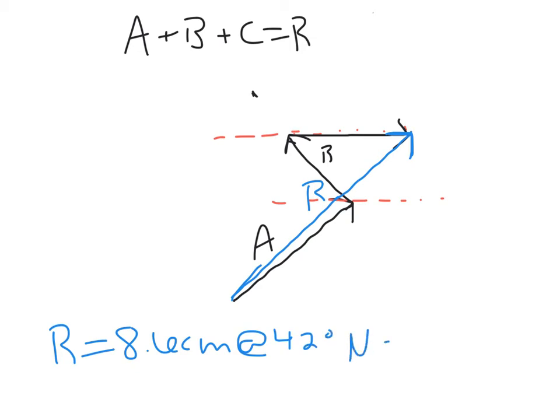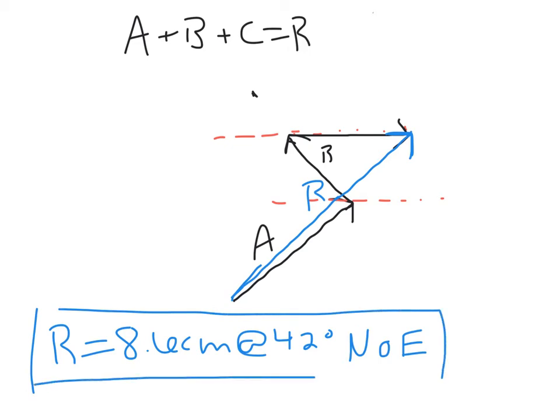It's in the first quadrant, so it's north of east. So when doing vector addition, this would be your answer. A plus B plus C equals 8.6 centimeters at 42 degrees north of east.